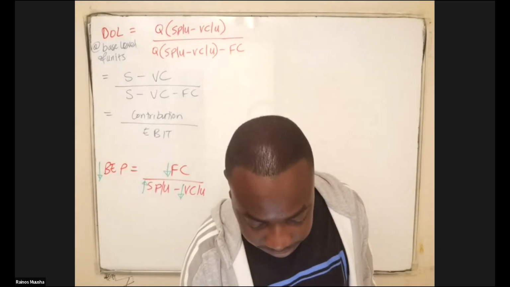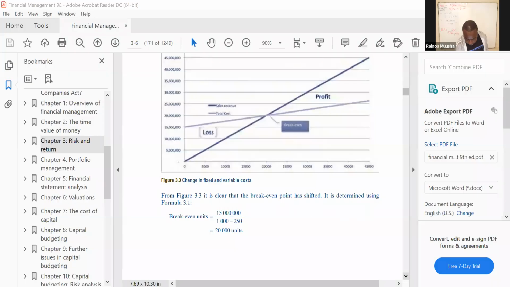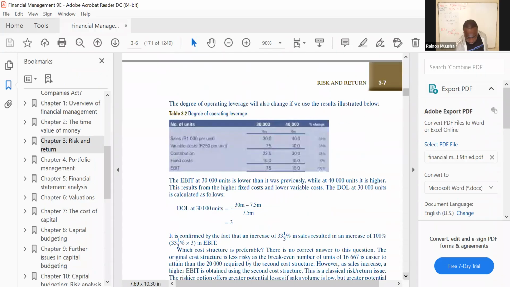Moving on with the chapter, they give us an example where we look at the percentage change in sales revenue over the percentage change in earnings before interest and tax as well.